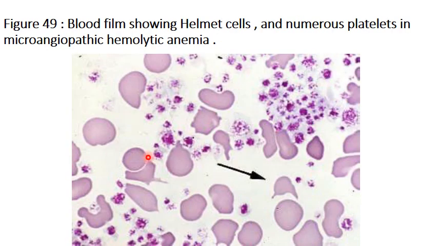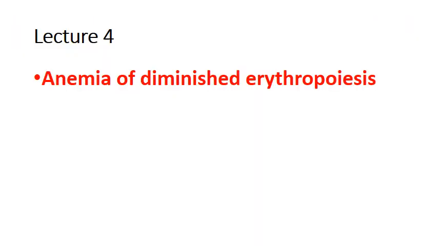This is also a blood film of a patient with microangiopathic hemolytic anemia showing helmet cells and some schistocytes here and here, abnormal looking red blood cells. This is microangiopathic hemolytic anemia, another type of traumatic hemolytic anemia.